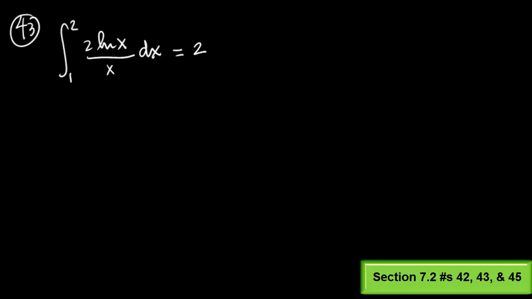So let me say it's the integral of the natural log of x, and then I'm going to multiply this. So I'm going to write this as 1 over x dx right there.